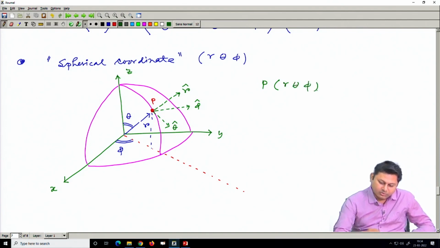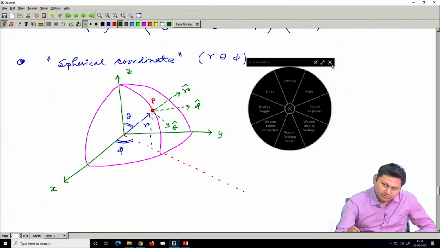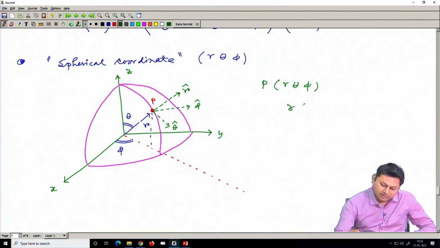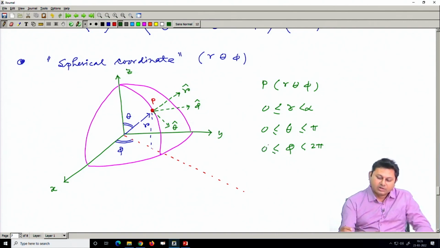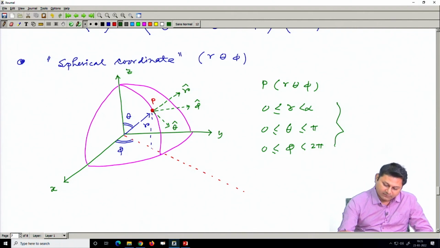What are the limits? r is greater than or equal to 0 and less than infinity, theta is greater than or equal to 0 and less than or equal to pi, and phi should be greater than or equal to 0 and less than 2 pi. So, these are the restrictions we have for r, theta and phi.